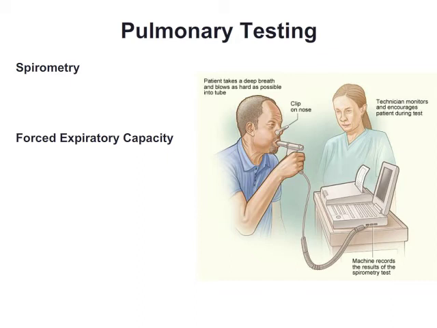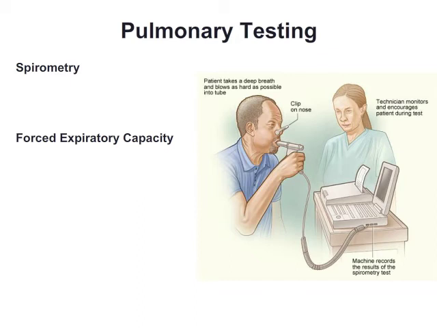The other thing we can measure is something called the forced expiratory volume or forced expiratory capacity. And this measures the amount of air you can move out, but also how quickly you can move it out. So, for example, if you're ever given this test, they'll give you a little device and you'll blow into it and try to empty out your lungs as quickly as possible.